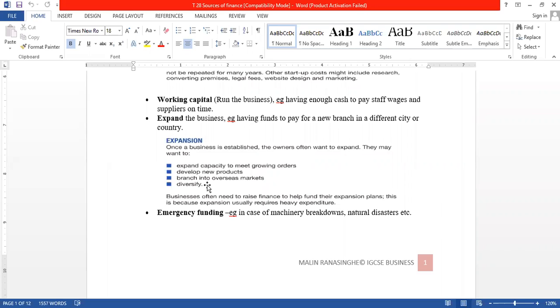If you want to diversify your business, imagine right now we are working in the information technology business, IT business, and if you want to diversify it into, imagine, a hospital, like a health sector, then you start that. That's called diversification. If you start a hospital, right, from being in the IT sector, that's called diversification.